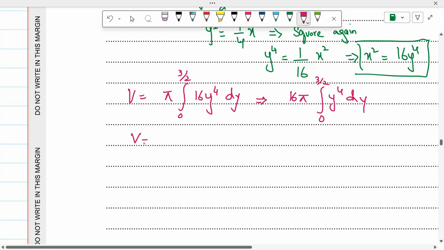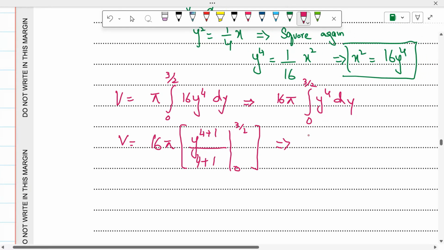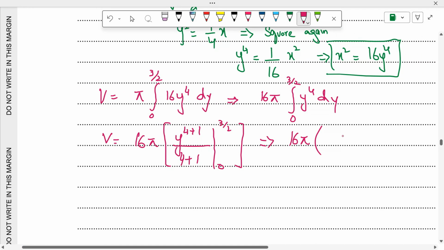So volume is equal to 16 pi integration of y to the power of 4. By the power rule, y to the power of 4 plus 1 divided by 4 plus 1, with limits from 0 to 3 by 2 in brackets. Further solving, we have 16 pi, y to the power of 5 over 5, limit from 0 to 3 by 2.